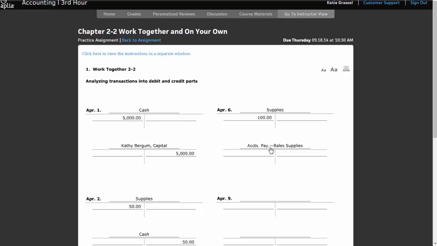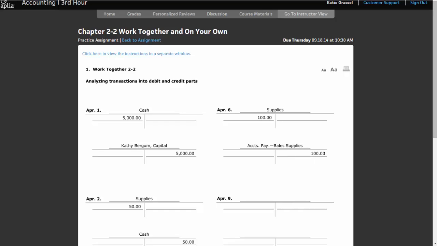What type of account is accounts payable, Bale Supply? It is a liability. What side of the accounting equation is it on? On the right. So it has a credit normal balance. You're just one step ahead. You're doing great. Awesome.